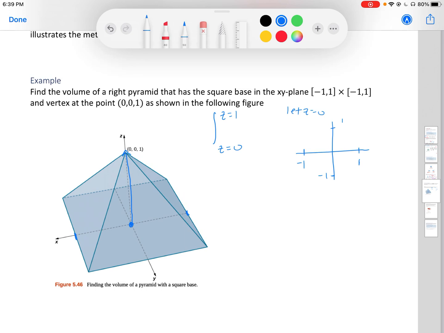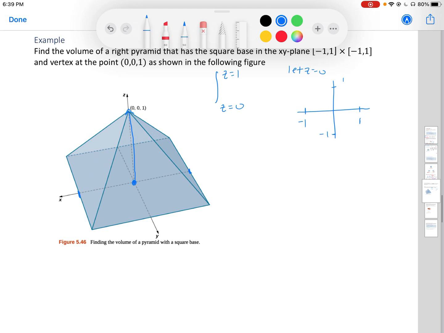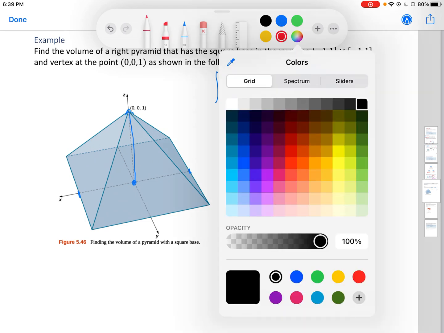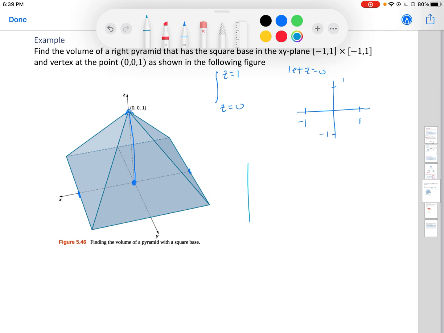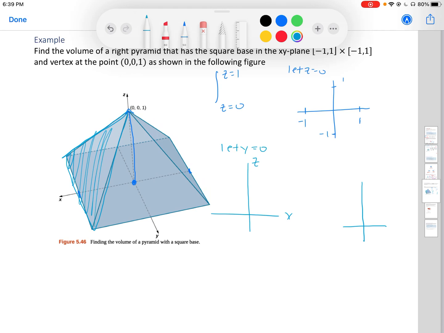So then I thought, let's go ahead and set up two different axes and read them separately. So we have these two axes to consider. If we let y be 0, z is always vertical, and for x we have this triangle right here. And we know these coordinates are all 1.